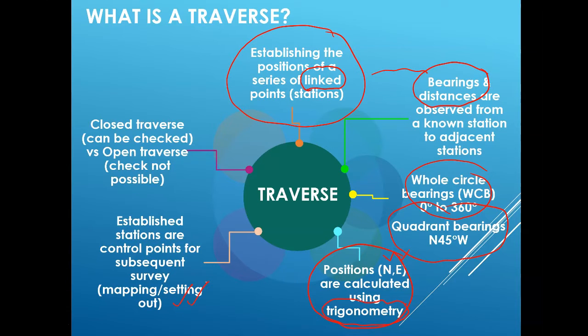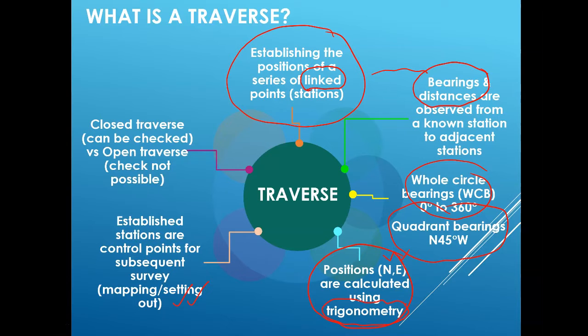Again, if you look at the concept from the whole to the parts, the traverse points or stations provide the whole, and from there on, any subsequent measurement will be referred to the whole, which is the traverse station that we have just established.